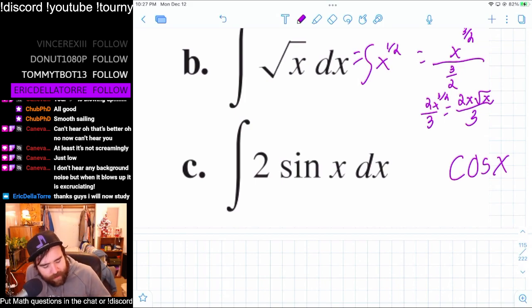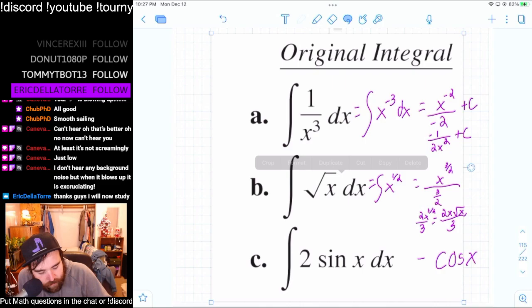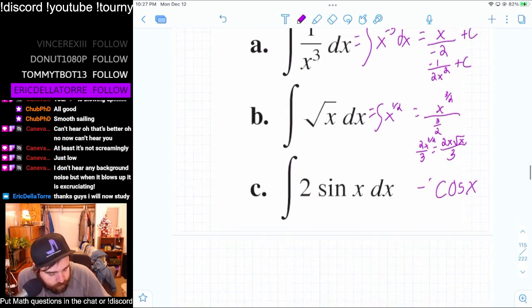So doesn't that mean this is already negative? Because if you take the derivative of negative cosine, you'll get negative sine, which is positive sine again. So that's going to have to be a negative cosine. And then the 2 just has to be there as well, actually. So this is going to be negative 2 cosine of x. And of course, plus c on that one, and also plus c on that one.